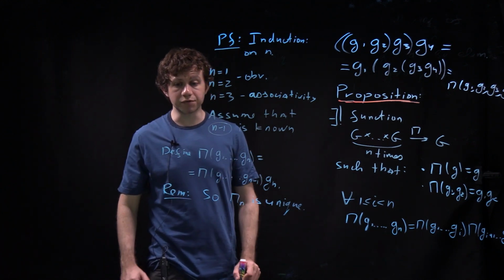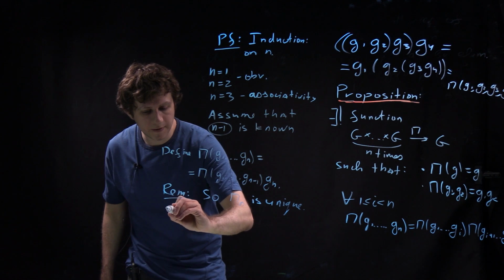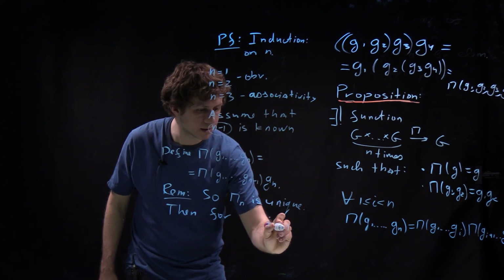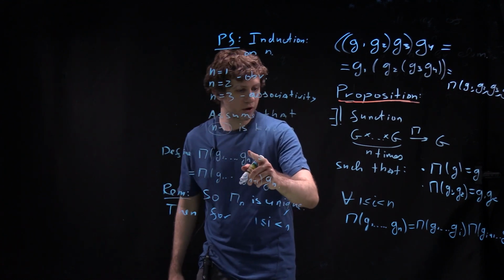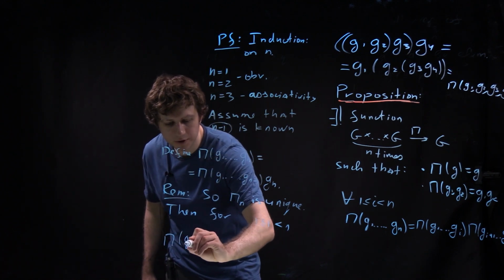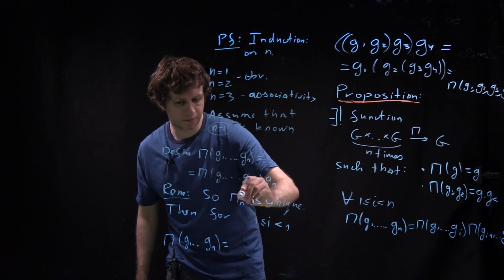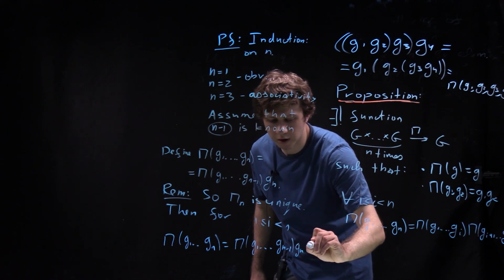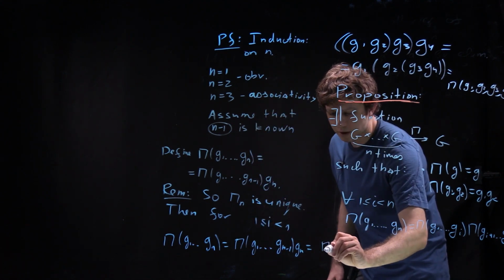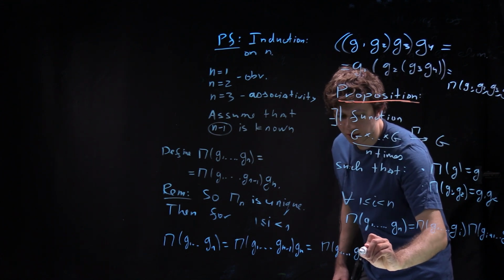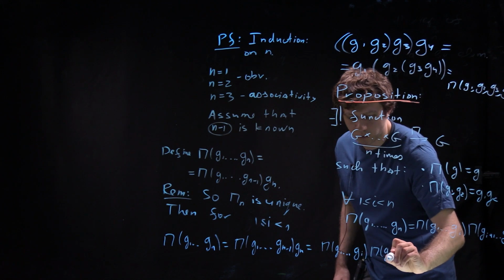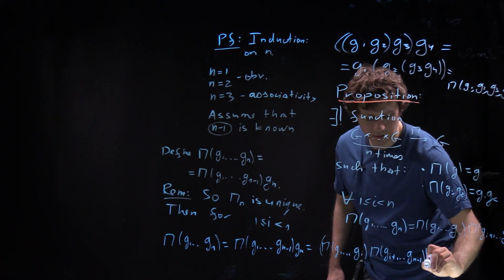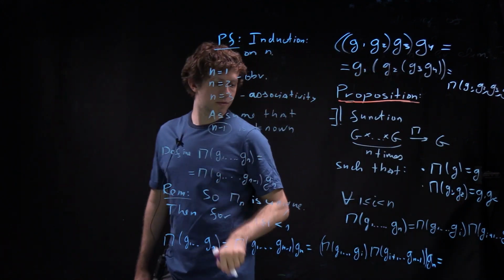So this P is unique, and then for i less than n and greater or equal than 1, I can write my P of g1 up to gn. So it equals P of g1 up to gn minus 1 times gn by my definition, which equals P of g1 times and so on times gi times P of gi plus 1 up to gn minus 1 in brackets times gn. And this is my induction step.